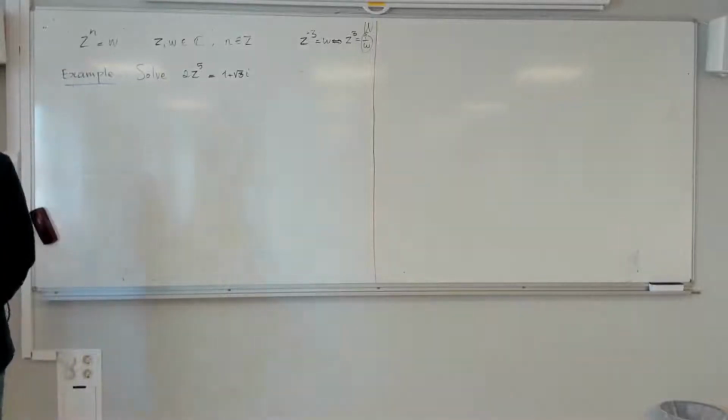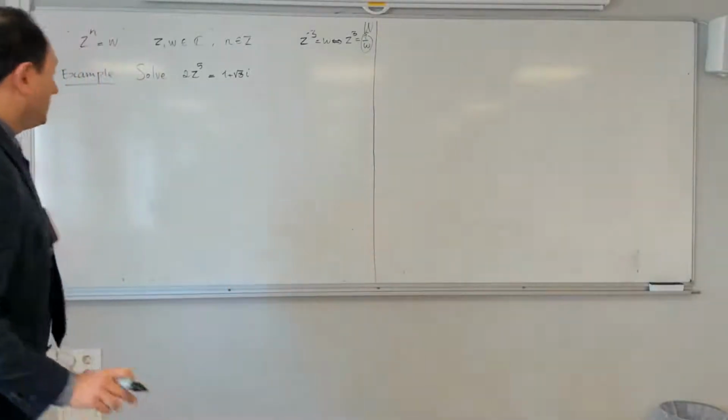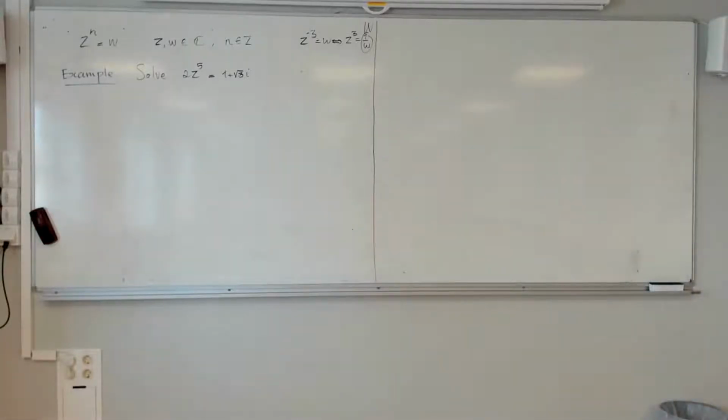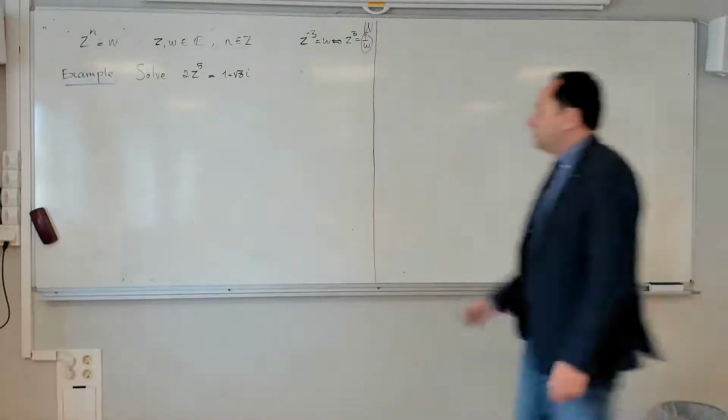So we want to solve this equation. What do we do first? What is your opinion? What should I do first? Yes? Divide by 2 to make it in the standard form.